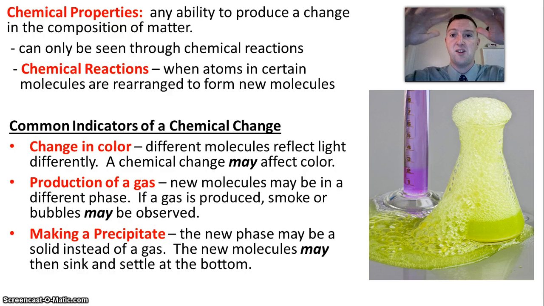We call that precipitation because it forms in the air and then it comes down and sinks and settles on the ground. Same thing is going to happen in a liquid. When we form new molecules that are in the solid phase, they are going to be more dense than the liquid and they're going to settle to the bottom.